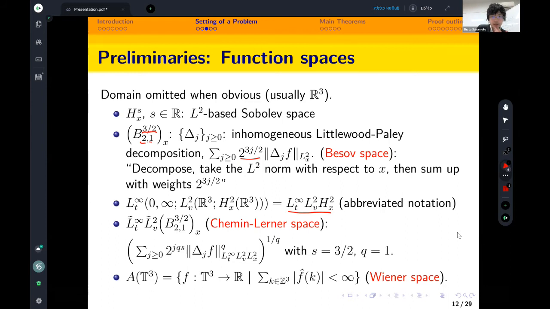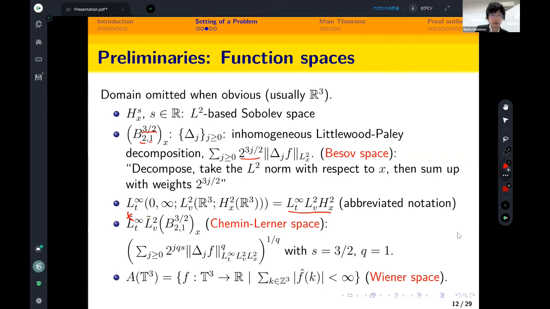Next is the Chemin-Lerner type space. This is slightly different from the non-tilde space. If there is no tilde, then it means we first take the Besov norm with respect to x, then take the L2 norm with respect to v, and finally take the L infinity norm with respect to t.